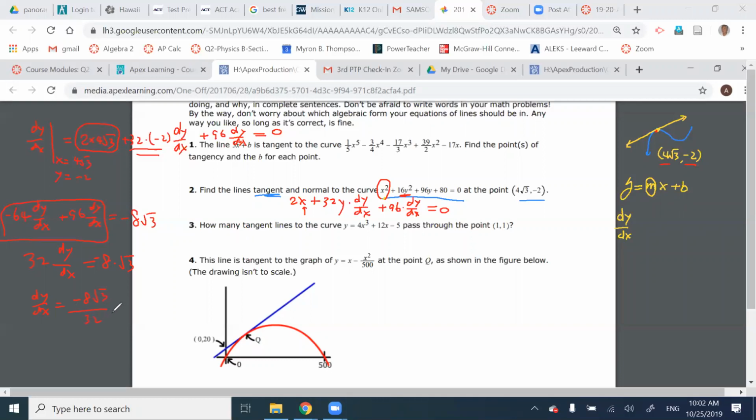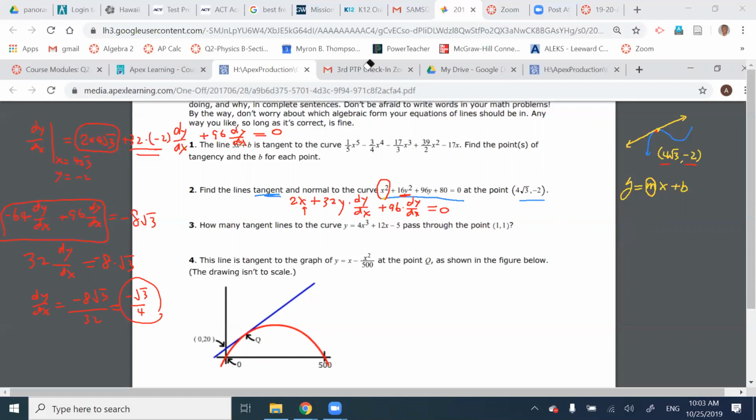So we can get what? -√3 over 4, right? So we find the slope. So I can put it here, okay?